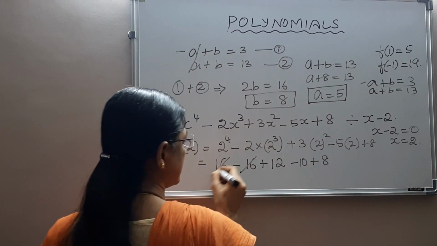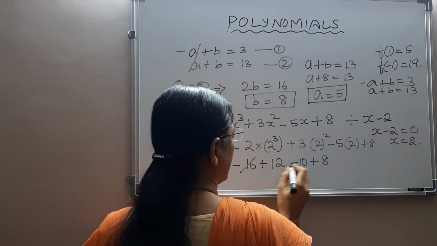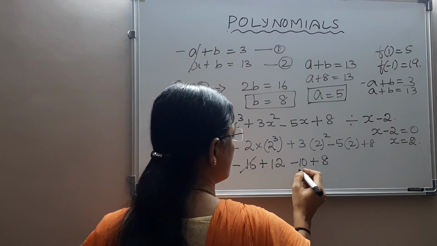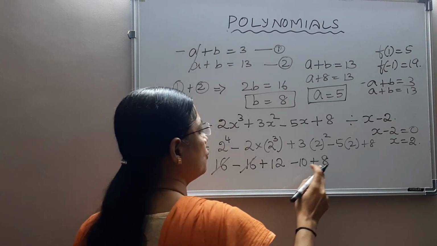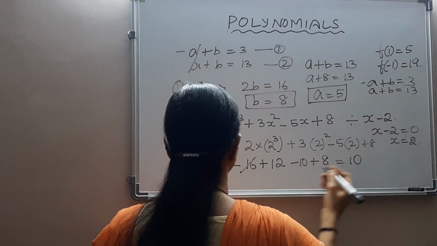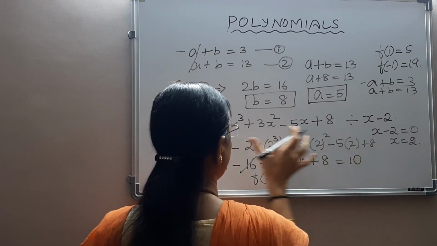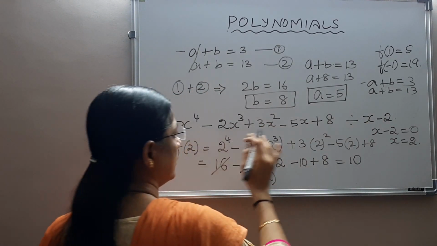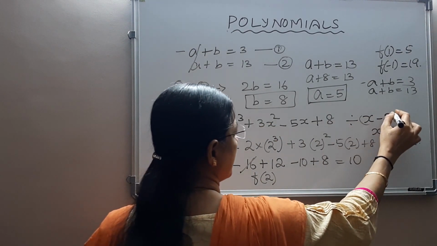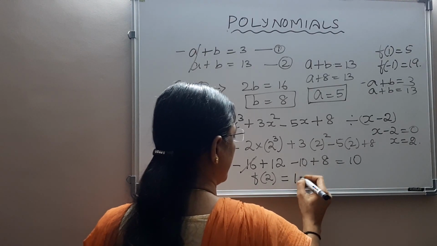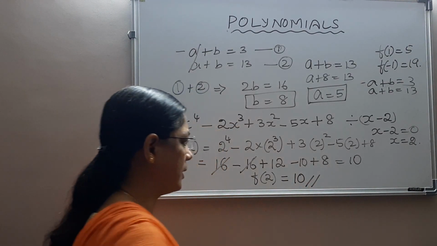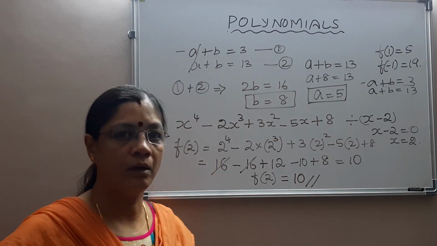Now 16 gets cancelled, and 12 minus 10 is 2, 2 plus 8 is 10. So what is the remainder when the biquadratic polynomial is divided by x minus 2, a linear polynomial? We get a remainder of 10. See, f of 2 is 10.